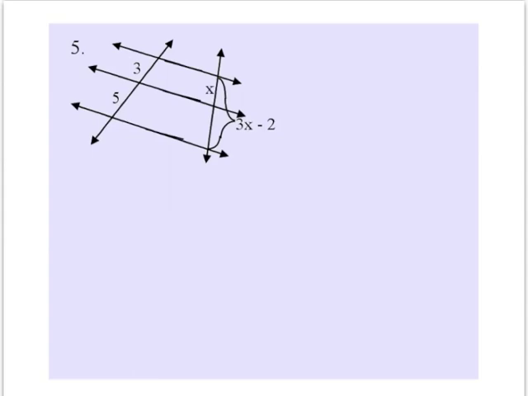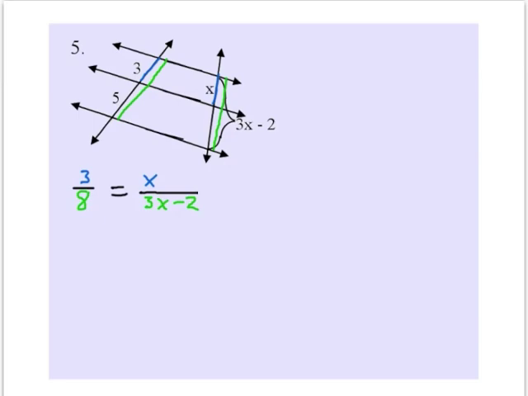This video is solving problems using proportional parts number 3. So first off, we need to solve for x, and it's kind of strange since we've got a full side length, 3x minus 2. Well, that shouldn't be too big a problem because we've got 3 and 5. So we can compare proportional parts by adding 3 and 5 together.